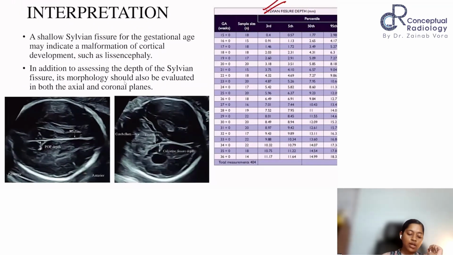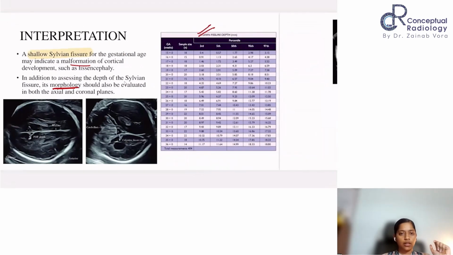So if you find the Sylvian fissure is shallow for that gestation, then it can indicate a cortical malformation, listen carefully, and it can also be associated with multiple cortical malformations. In addition to this quantitative depth measurement, morphology also needs to be evaluated in both the axial and the coronal plane.